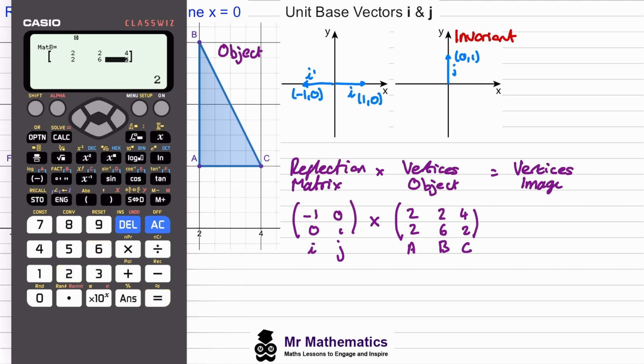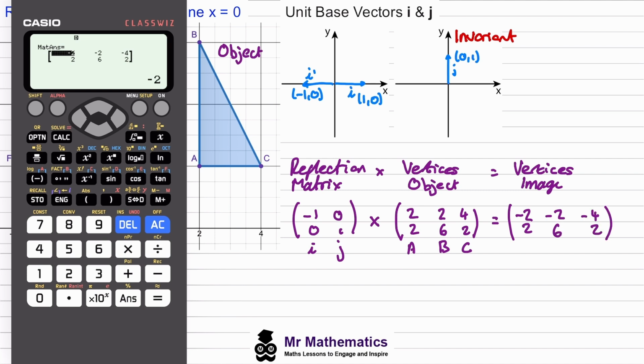So then we'll go back to option. We'll choose option 3 for matrix calculations. And then we want to multiply matrix A by matrix B. And this will give us the corresponding vertices of the image, which are -2, 2, -2, 6, and -4, 2.